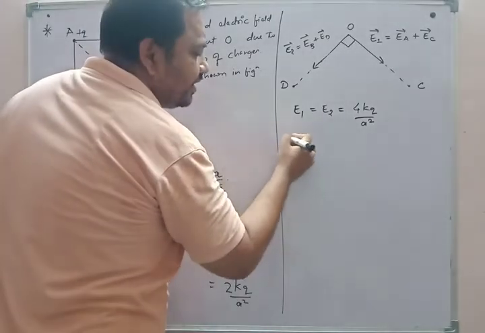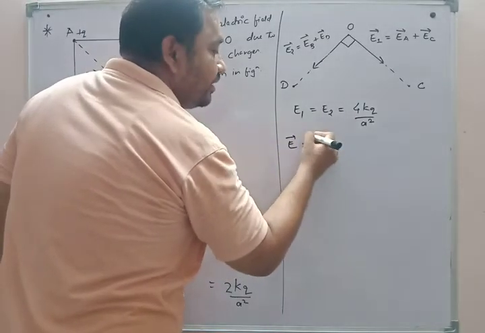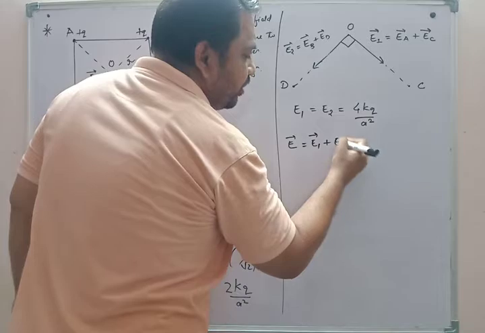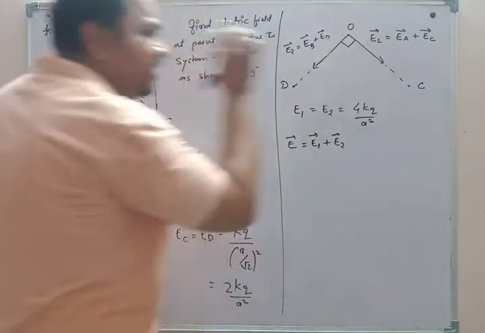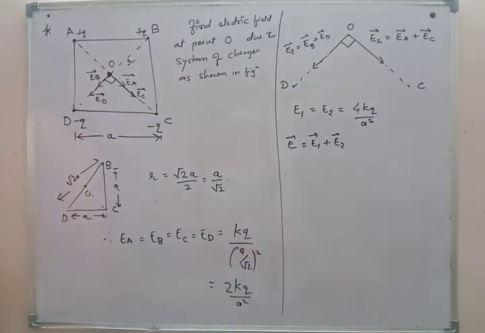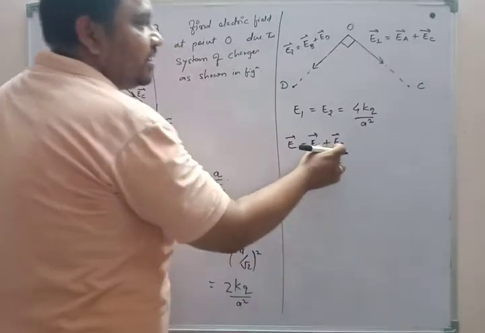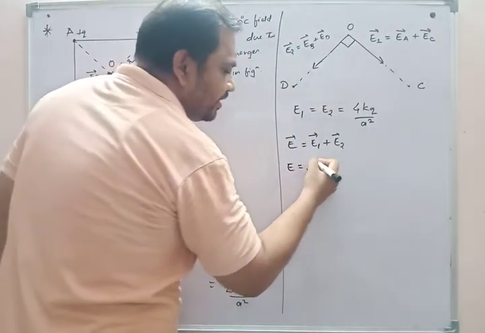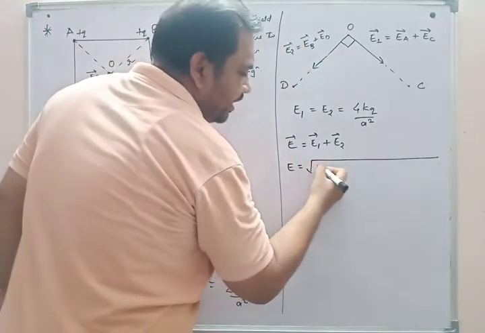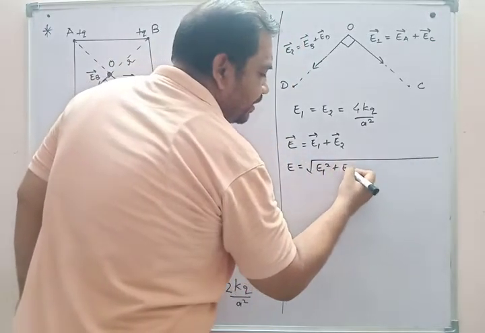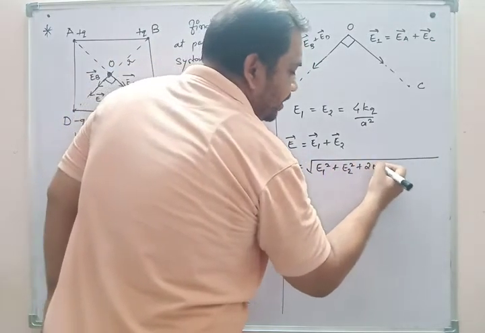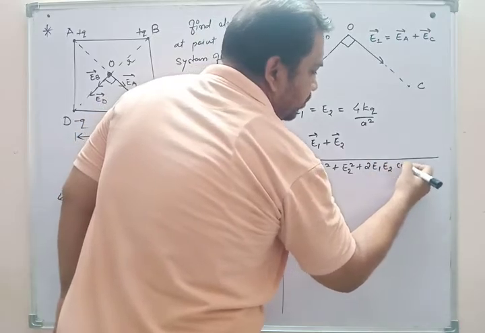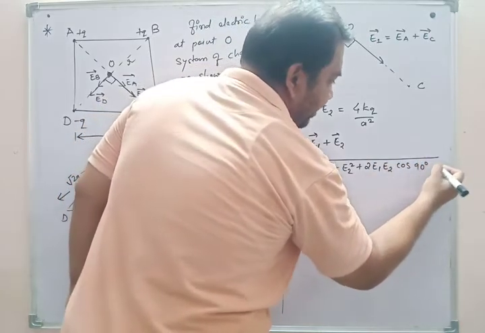So the resultant electric field at O is the vector sum of these two electric fields E1 and E2. We already know if two vectors are inclined at any angle theta, then the resultant E can be written as the square root of E1 square plus E2 square plus 2E1E2 cos theta.